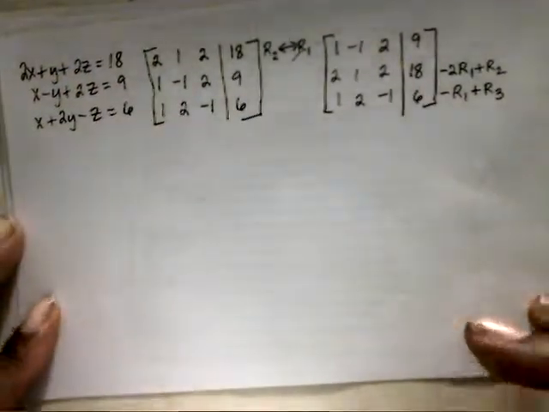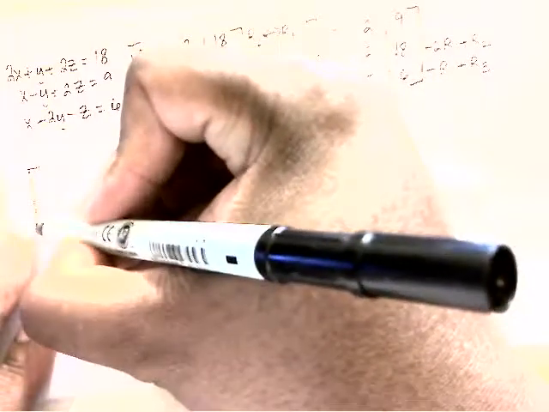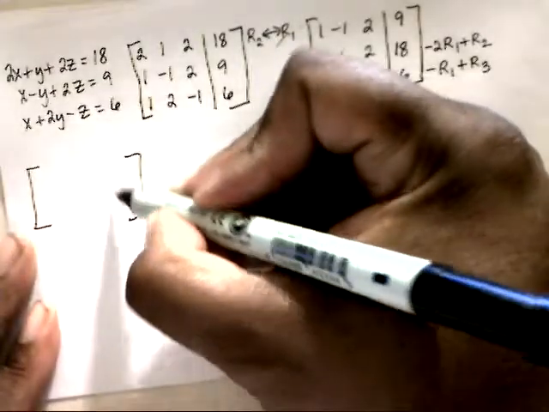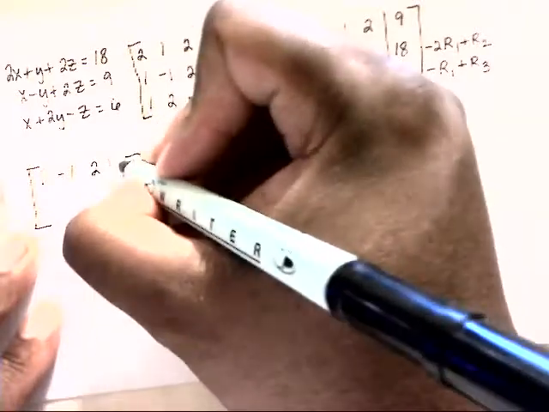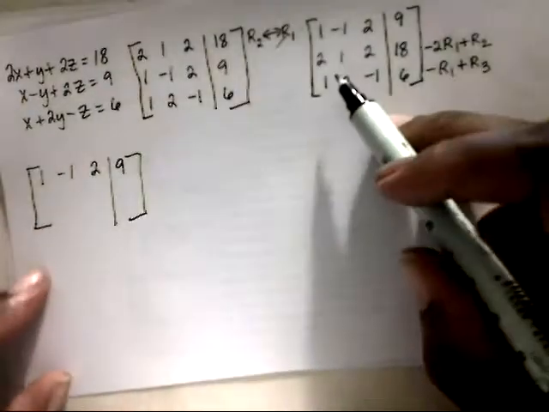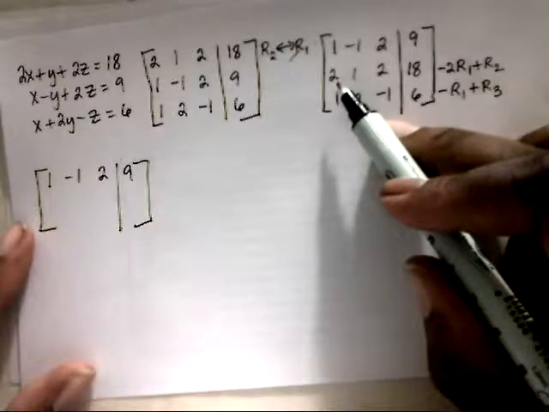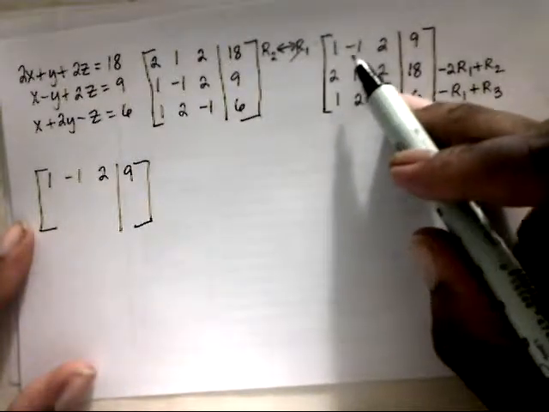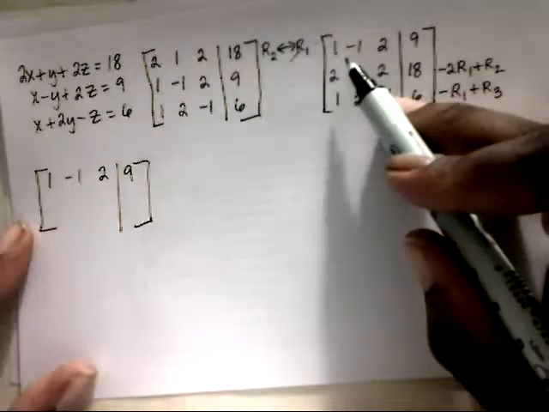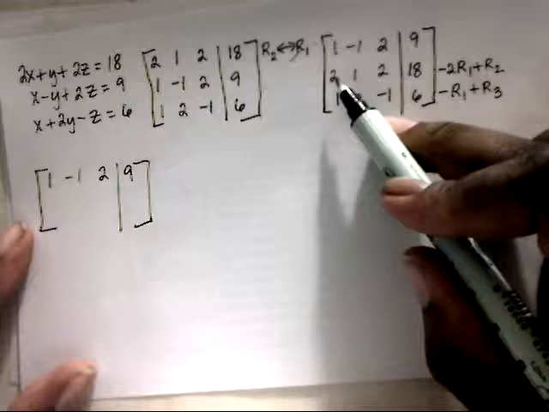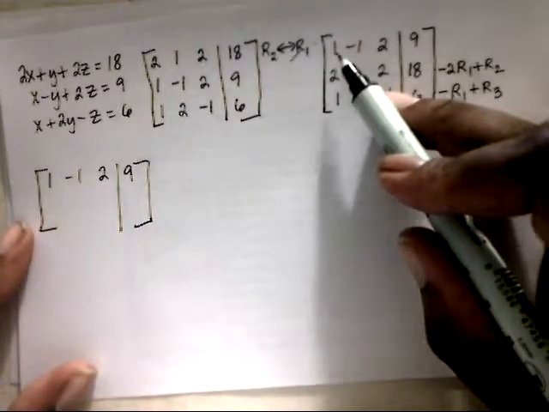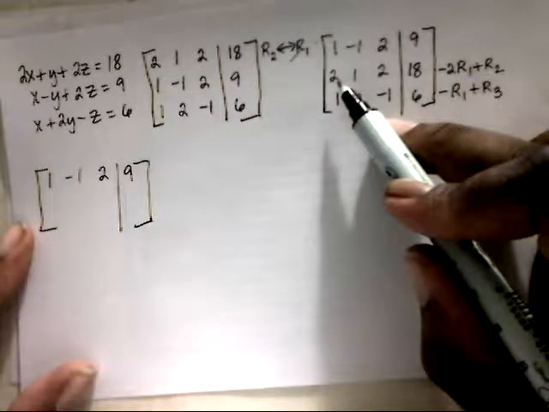Now when I do that, you're going to have to follow along with me on this one. The first row remains the same: 1, negative 1, 2, and 9. But on the second row, here's what's going to happen. Negative 2 times row 1. Each element will be multiplied by negative 2 and added to row 2. Negative 2 times this 1 is negative 2. Negative 2 plus 2 is 0.